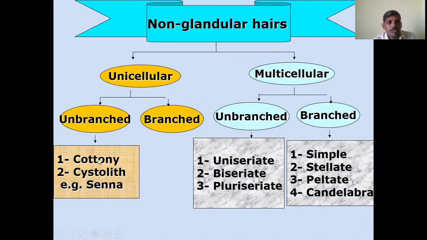In unbranched, for example, cottony types are there. Again, multicellular trichomes are classified into unbranched and branched. If it is unbranched, it is uniseriate, biseriate, or pluriseriate, where the cells are arranged in one row, or two rows, or three or more rows. If branched, based on the shape, it is simple, stellate, peltate, or candelabra.